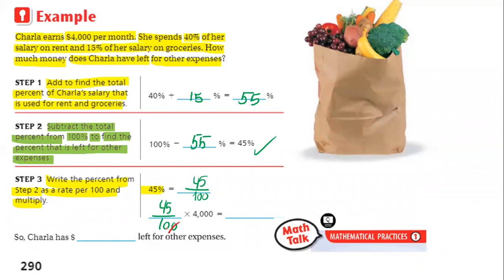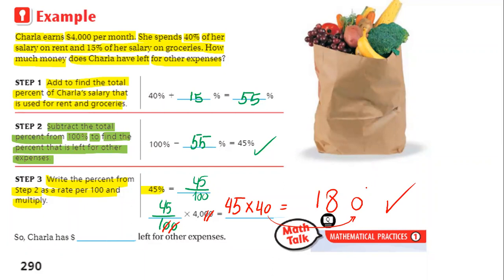How many zeros from the top and how many zeros from the bottom? 2 and 2. So 40 multiplied by 45. You need to find the answer. Lift this zero outside. 180, I think. Good job.